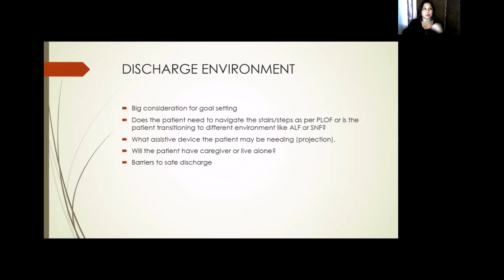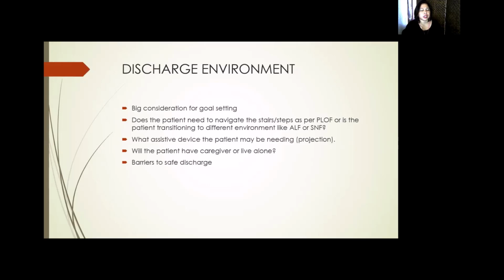So having a goal of doing the stairs is no longer relevant to the discharge environment if the patient is not going home. But you can still use the stairs for strengthening of the legs or improving the endurance or activity tolerance of the patient, but no longer as a target goal because the patient will no longer be discharged to home. So that's why it is important for us to ask the family member or the patient what is the plan. And if it is not established during evaluation, it's okay. We can always adjust the goal setting along the way.